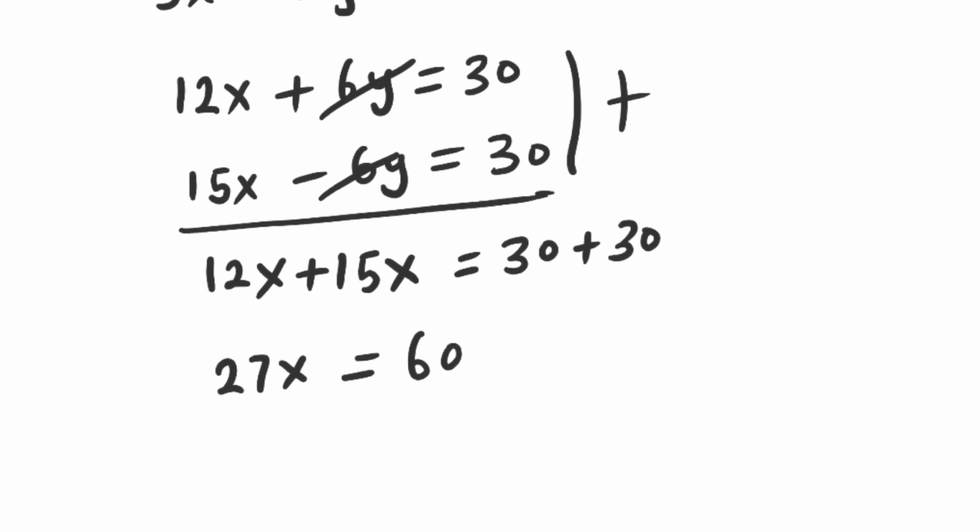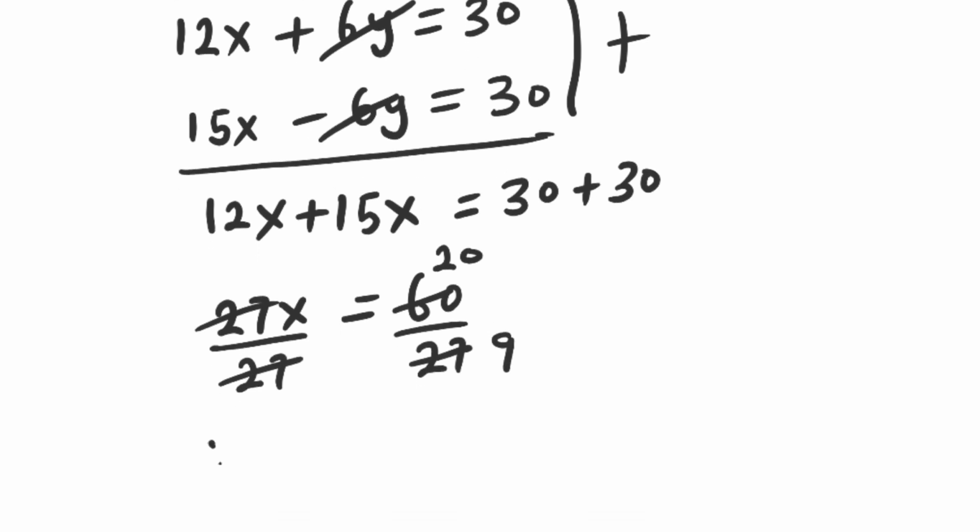Now we are looking for the value of x. Let's divide both sides by 27, and this also divided by 27. 27 cancels 27 here. Then here we have 3 here, 20, and then 3 here, 9.